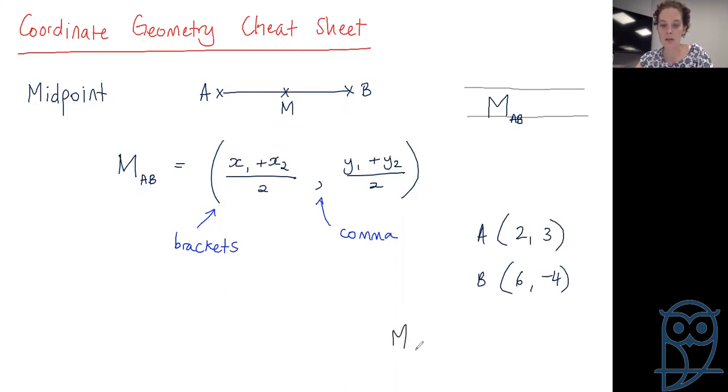Then the midpoint of AB equals, open brackets, (2 + 6) over 2, (3 + -4), so -4, over 2. So the midpoint here is 8 divided by 2 gives us 4, 3 minus 4 is -1, so -1/2.